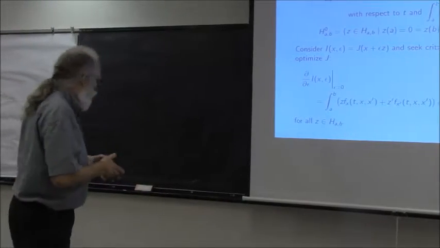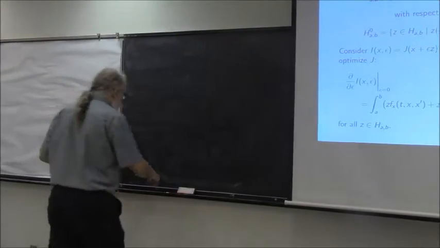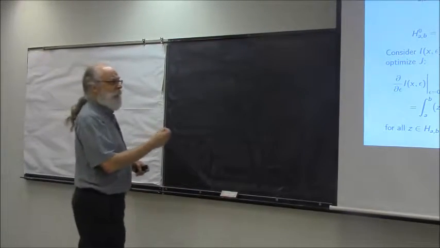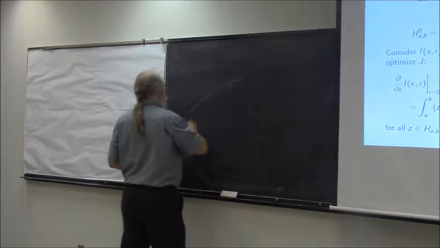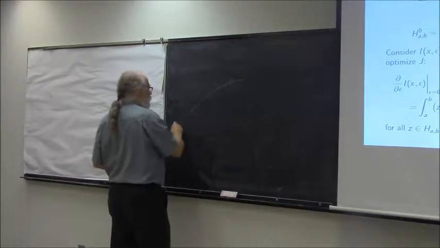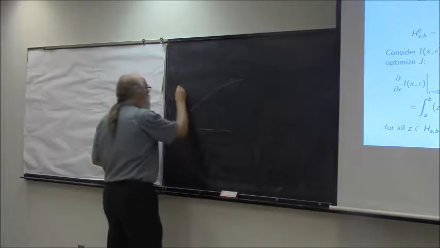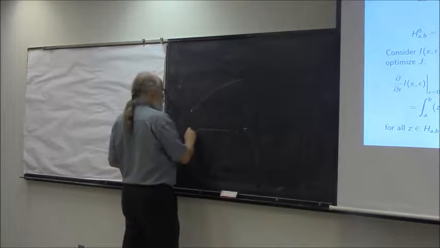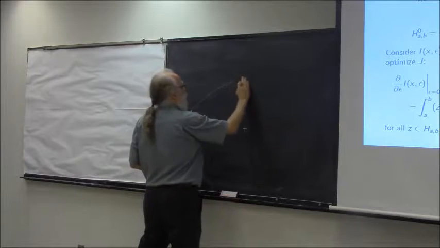And this is a point actually where I'd like to draw separate pictures. I didn't want to put them together on here. But the idea is this: I have a function x of t, right? And maybe I fix the values at a and b.